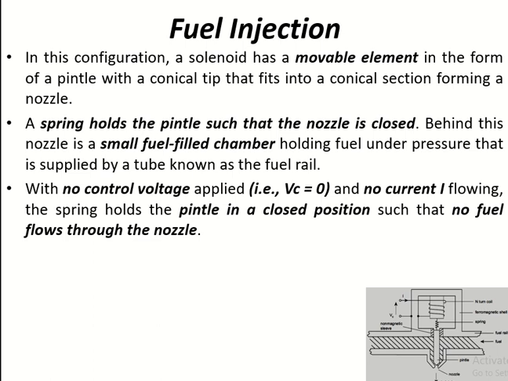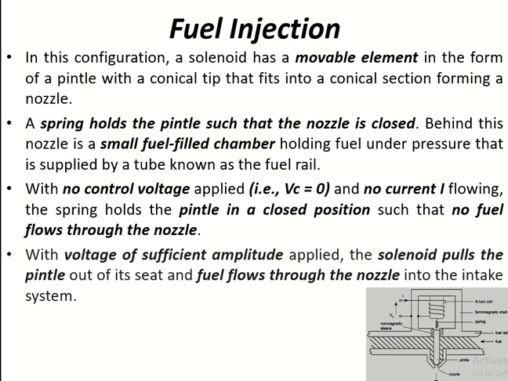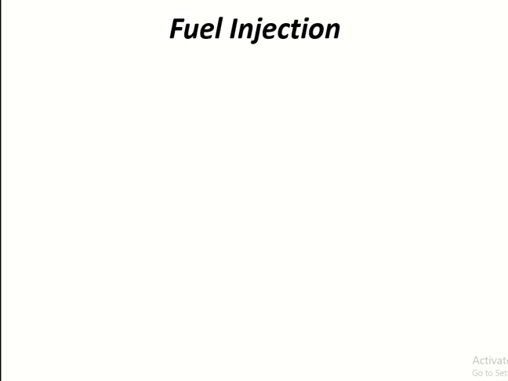With no control voltage, that means when Vc is equal to 0, no current is flowing. The spring holds the pintle in a closed position such that no fuel flows through this nozzle. When a voltage of sufficient amplitude is applied, the solenoid pulls the pintle out of its seat and fuel flows through the nozzle into the intake system.